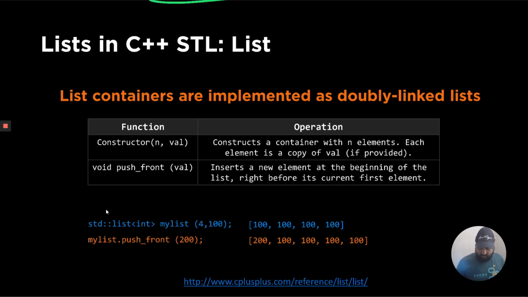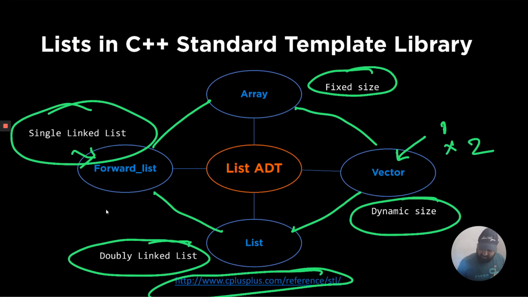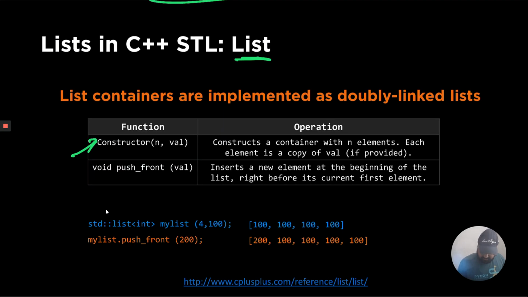So when we talk about list containers, as I mentioned earlier, it's just a doubly linked list behind the scenes. If you go to this link again, there are different functions there. I'm going to tell you how to read this, but let's say in this list API, I'm talking about list now, which is not the list ADT, but the doubly linked list implementation of the list ADT.